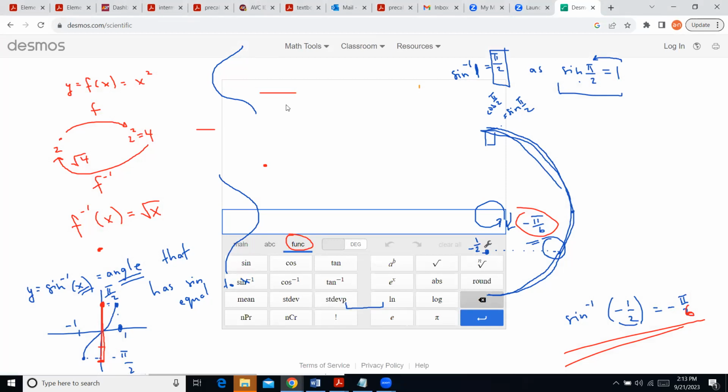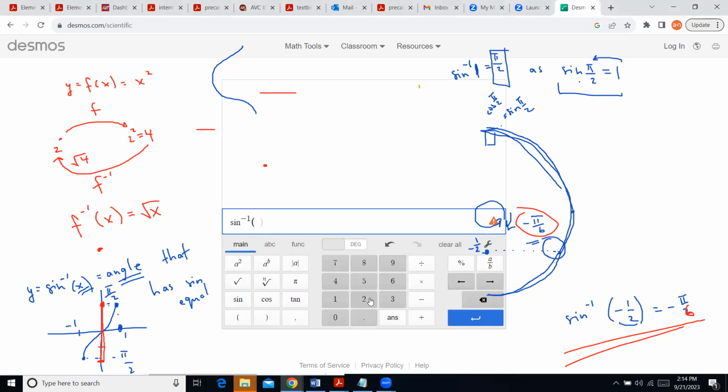And I hope you see this. Let me clear this mess a little bit. Function arcsine. So you just want to select this arcsine here. And then you need to go back because you need to enter negative 1/2. So back to main menu and minus 1/2, and see what it's going to give you.